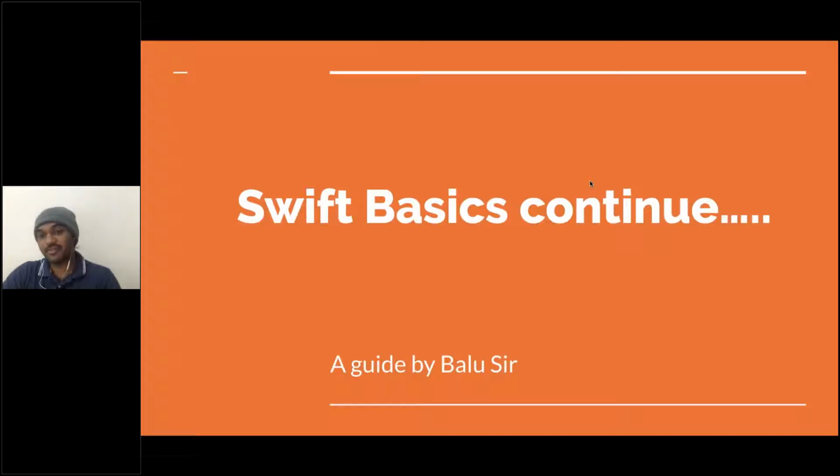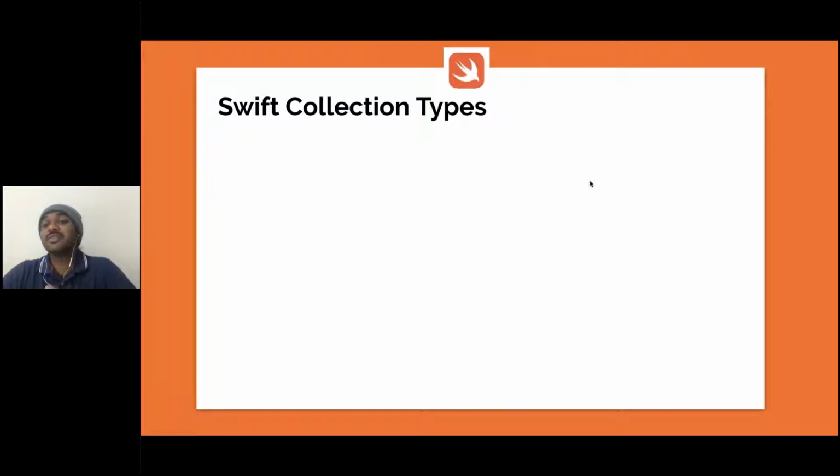Now, continuation of Swift basics: collection types. In the last class, we discussed some basic or fundamental data types like integer, character, float, string. Those are all designed to maintain basic data. Apart from the basic data types, there are situations where you maintain multiple values, different types of data, or different structures of data.